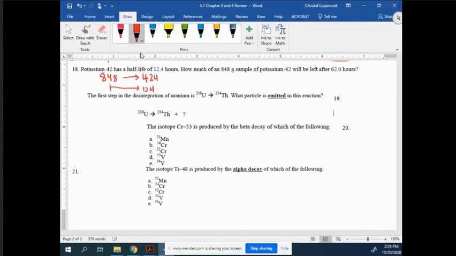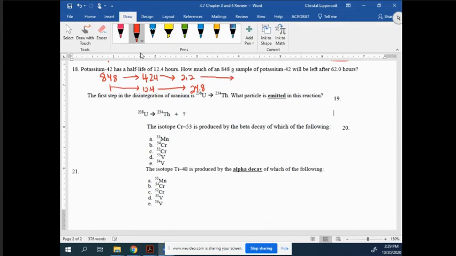I'm going to keep dividing this until I get down to 62 hours. So I'm going to divide it again. That would take me down to 212 here. So 12.4, that would be 24.8 total, because I added another 12.4 to get here.